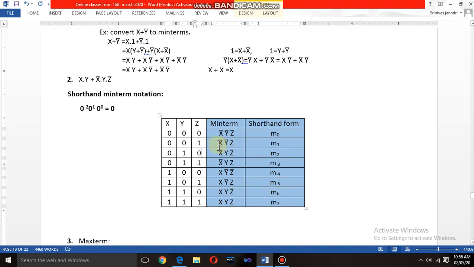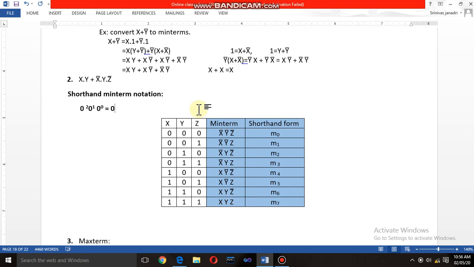In all the min term expressions, literals are represented as complemented when the bit is 0 and non-complemented when it is 1. This is the table, the easiest way to represent it as a shortened min term notation for three variable literals, the three variable system. This is all about a min term.